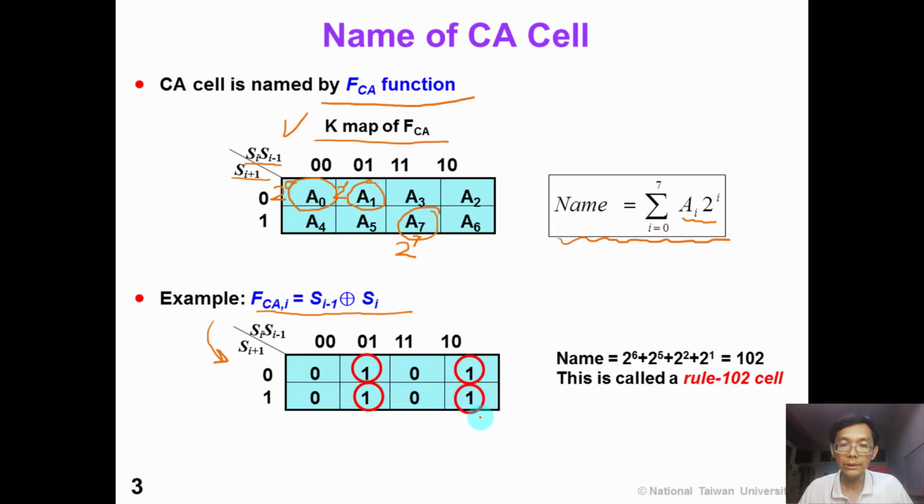The name of this cell is equal to 2 to the power of 6 plus 2 to the power of 5 plus 2 to the power of 2 plus 2 to the power of 1, which is equal to 102. So this is called a rule 102 cell.